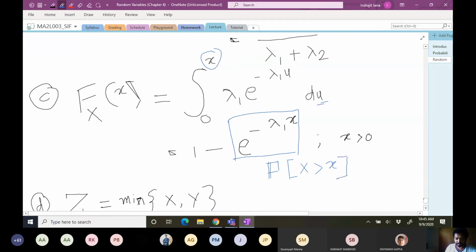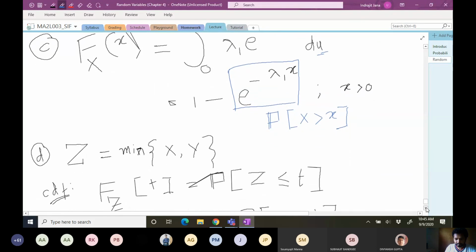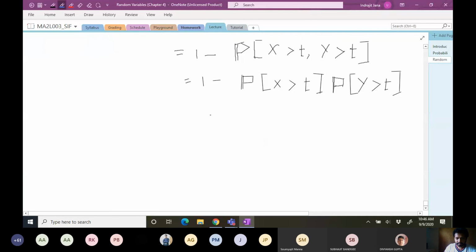So let's plug that back in here. The probability x bigger than t is e to the power negative lambda 1 t, and y bigger than t is the same, e to the power negative lambda 2 t, which gives 1 minus e to the power negative (lambda 1 plus lambda 2) t.